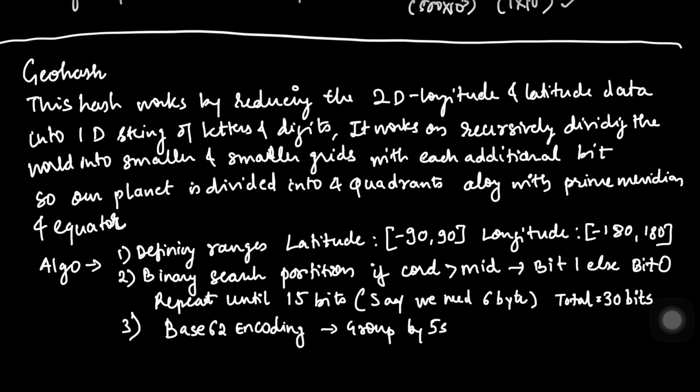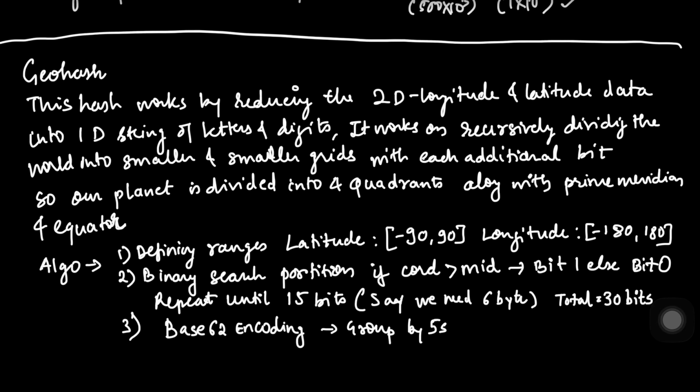The algorithm works like this: we define the ranges for latitude and longitude. For latitude it is minus 90 to 90. For longitude it is minus 180 to 180. After that we do a binary search partition for each coordinate, and based on the search space, if the value is greater than the mid it will be a bit 1, else it will be a bit 0.